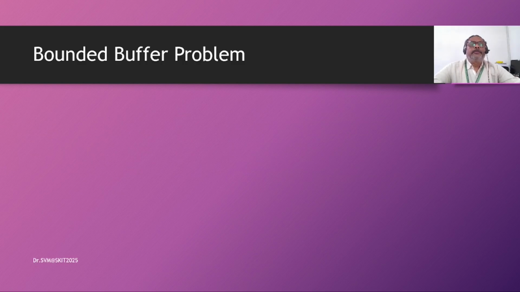So the first problem we look at is what we call the bounded buffer problem. This bounded buffer problem is related to inter-process communication. Inter-process communication means making sure that the processes do not interfere with each other.